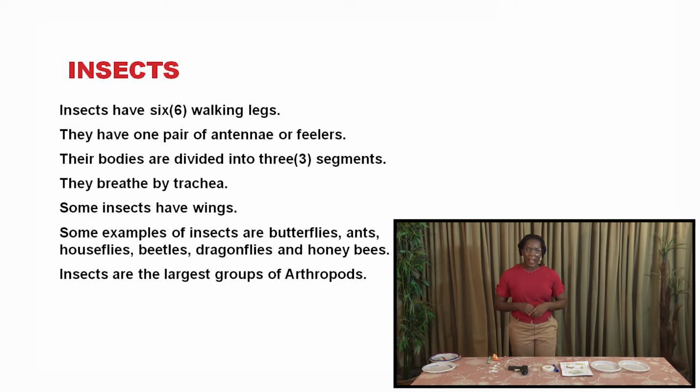Some insects have wings. Some examples of insects are butterflies, ants, houseflies, beetles, dragonflies, and honeybee. Insects are the largest group of arthropods.